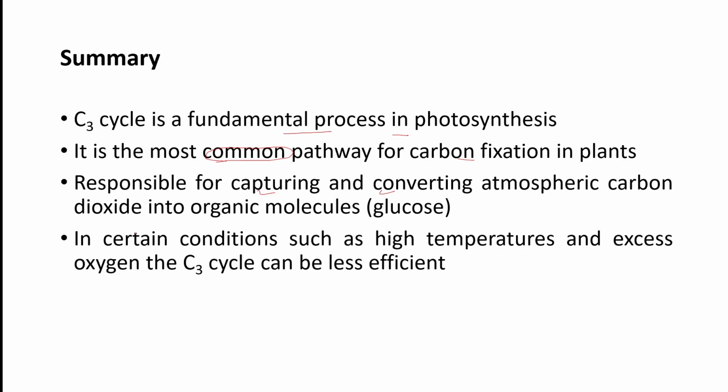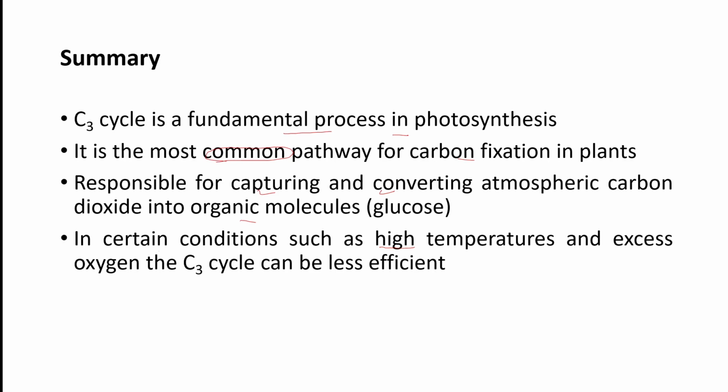Now what happens in certain conditions such as high temperature and excess oxygen? The C3 cycle in these conditions is less efficient than usual. If high temperature and excess oxygen, or high light intensity, are present, then the C3 cycle becomes less efficient.